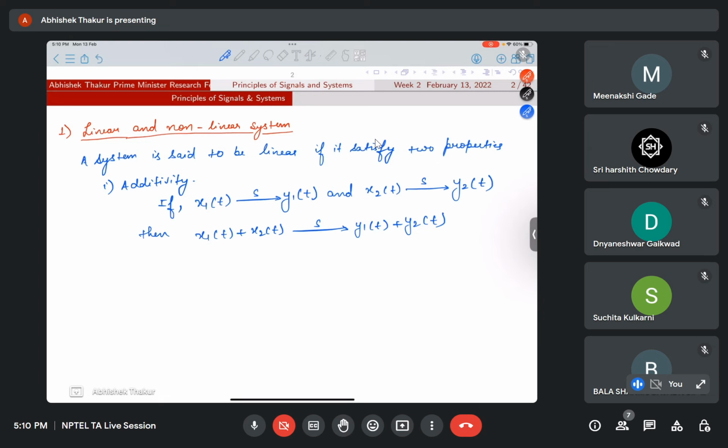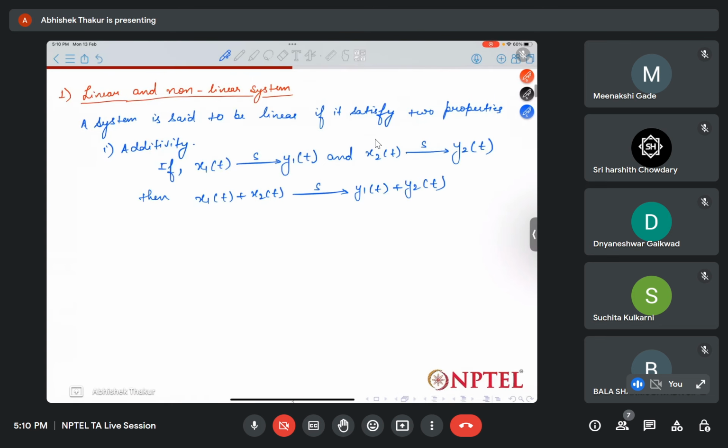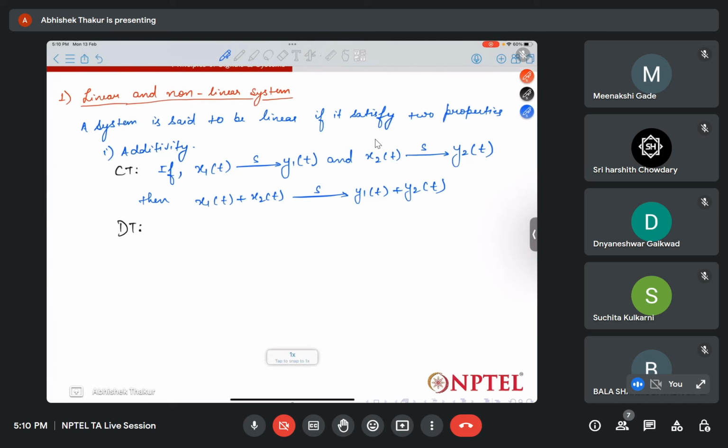This was for continuous time. We can see for discrete time as well, because nowadays in examinations, questions based on discrete time come more than continuous time, since questions on continuous time are now a little bit easier.